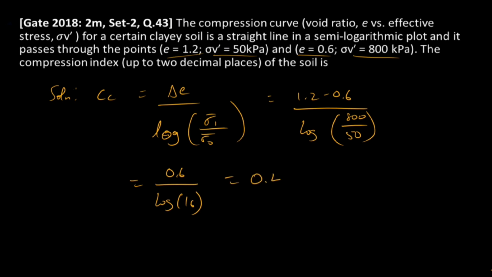We get 0.4982. So the compression index of the soil Cc will be equal to 0.4982, or 0.5.